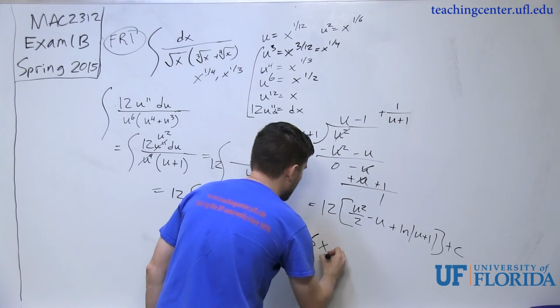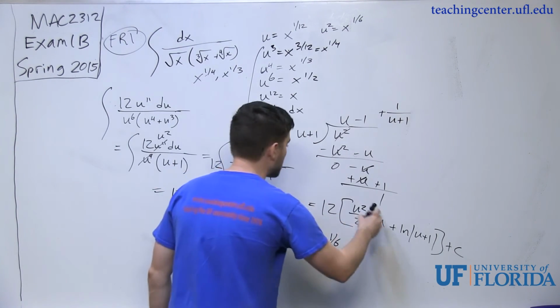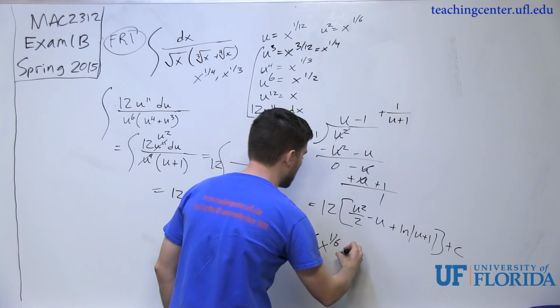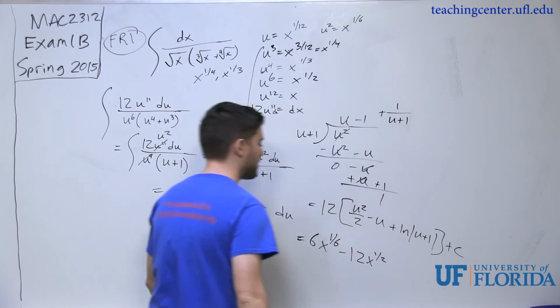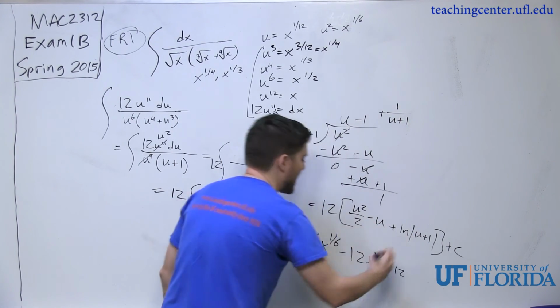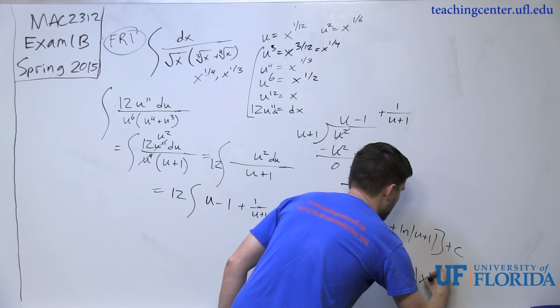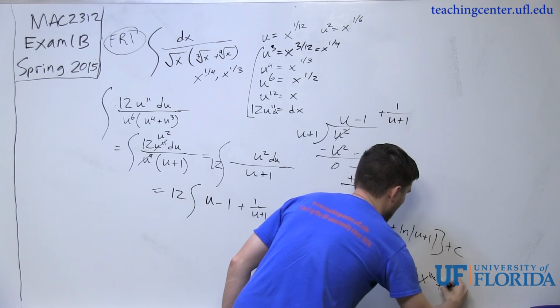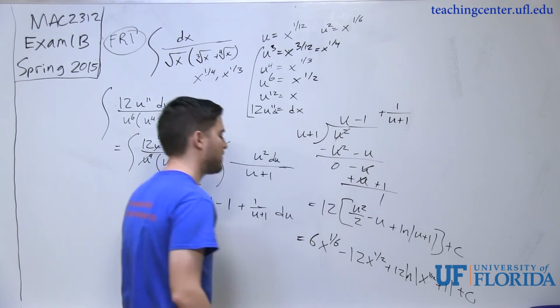So that means my first term is going to be 6x to the 1 over 6th. Minus 12 times u, and u is just equal to x to the 1/12, so minus 12x to the 1/12. And then I have plus 12 natural log of x to the 1/12 plus 1. And then I write a plus c at the very end.